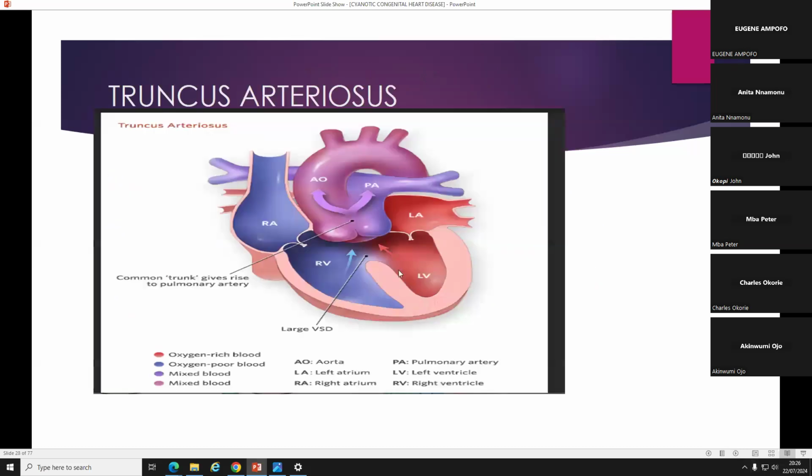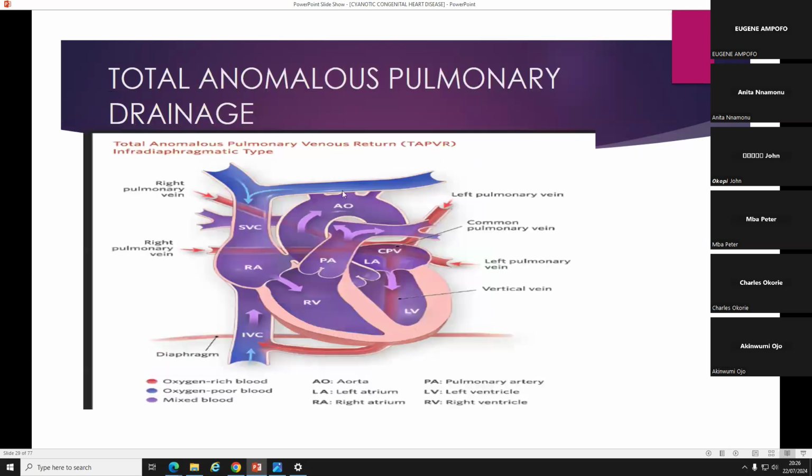Truncus arteriosus, single large vessel, single great vessel, the aorta and the pulmonary artery are fused, and we can see the potential for cyanosis here because there's usually a large non-restrictive ventricular septal defect associated with this. Lots of opportunities for shunting and mixing of oxygenated and non-oxygenated blood.